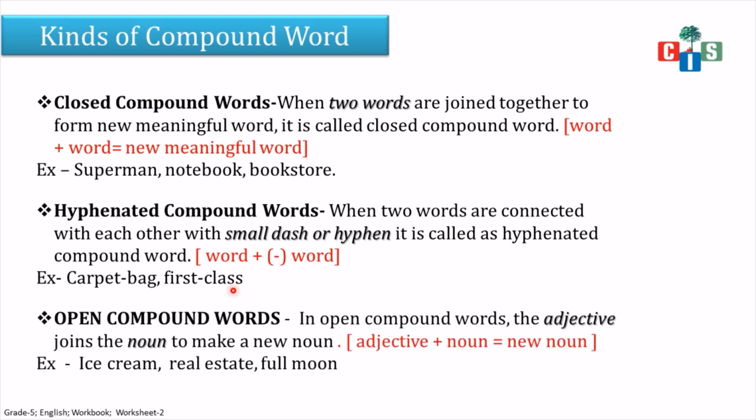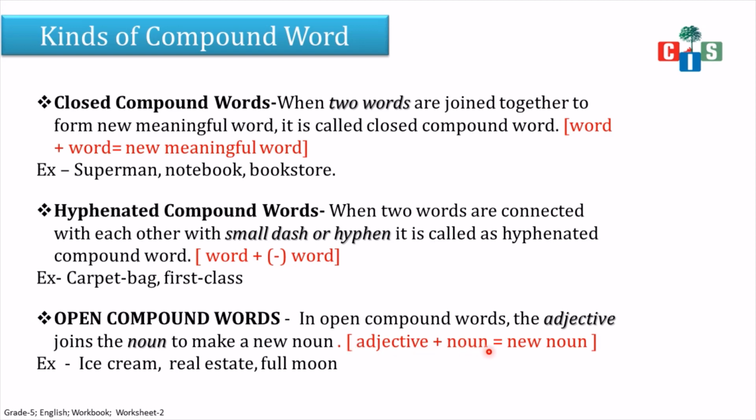And the last one is open compound words. In open compound words, the adjective joins the noun to make a new noun. Here we have to join two words, and what is the rule? The first one will be an adjective and the follower is a noun.